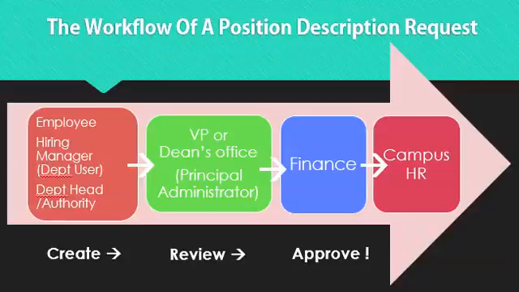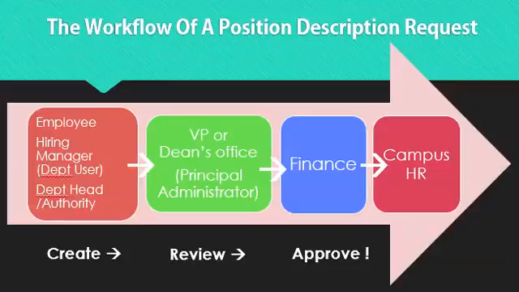When a position request has been completed, it is sent to the VP or Dean's office, also called Principal Administrator, for approval. After the Principal Administrator has approved a position description change, it is routed to the correct Finance BSC to approve that funds are allocated and the correct org designation has been made.